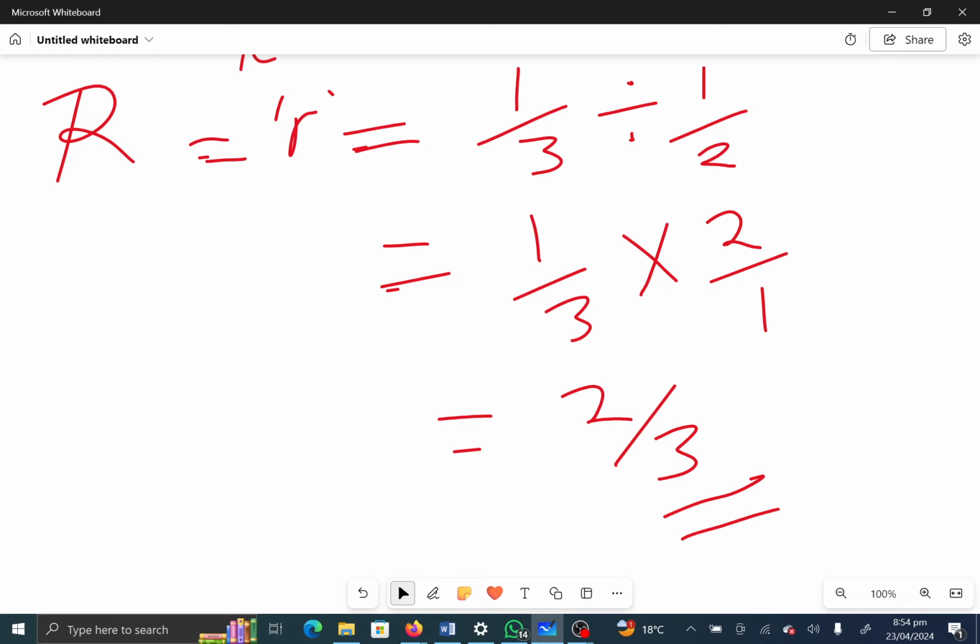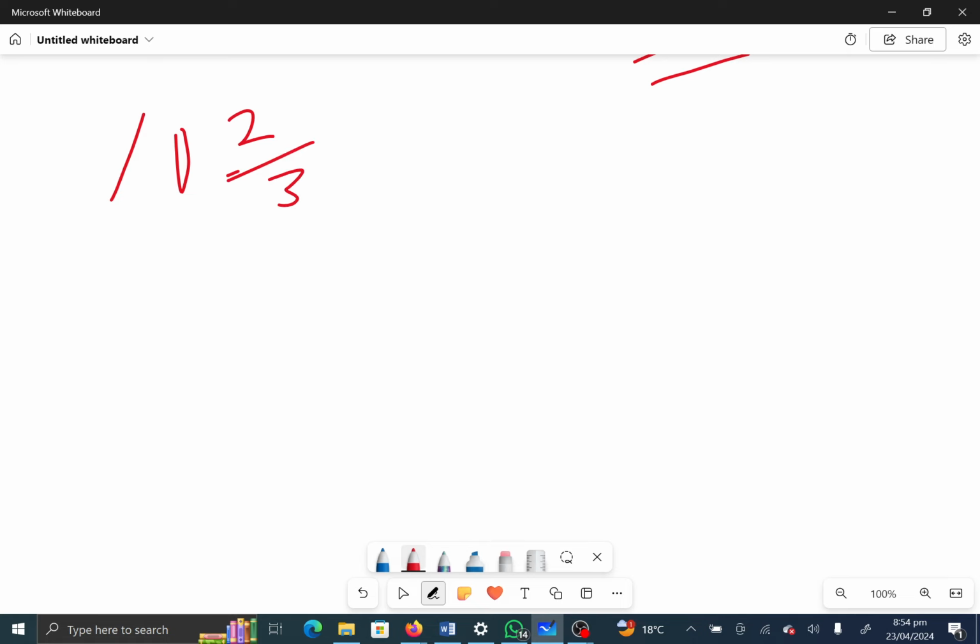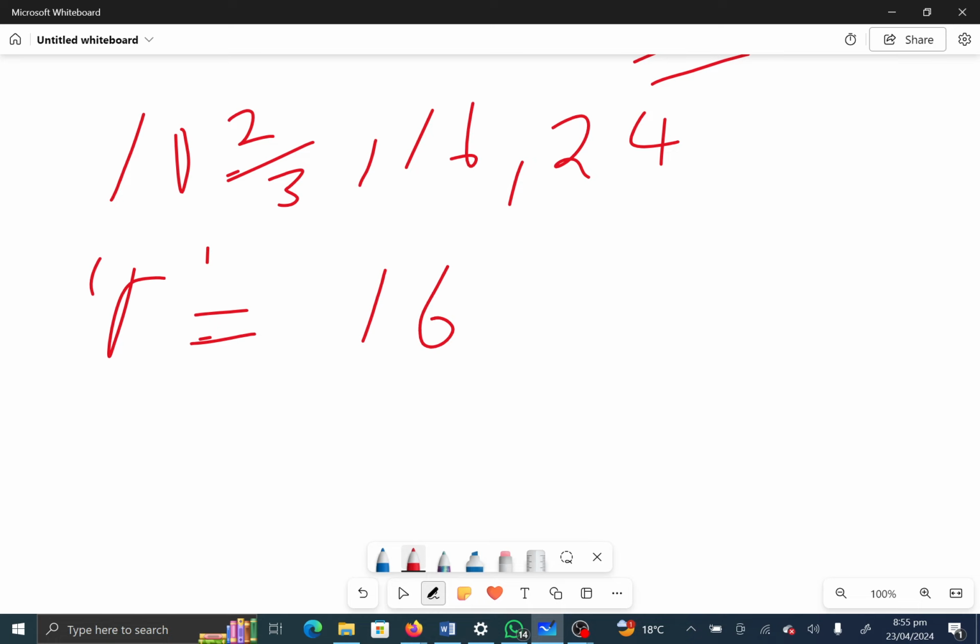If for instance again we have a geometric progression with mixed fractions like 10 and 2 over 3, 16, then 24, to find the common ratio we say 16 divided by 10 and 2 over 3.